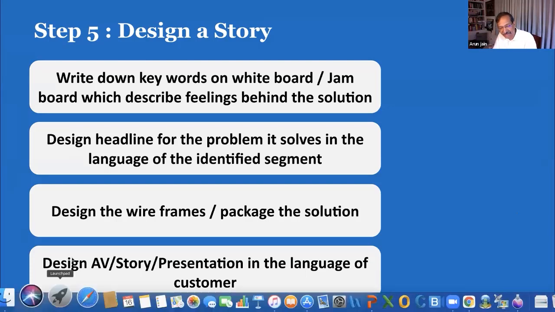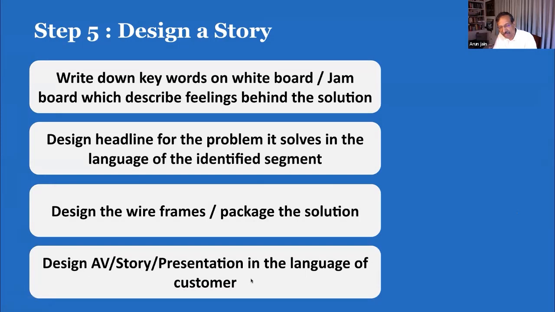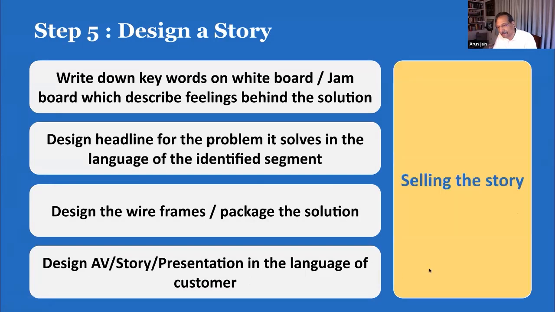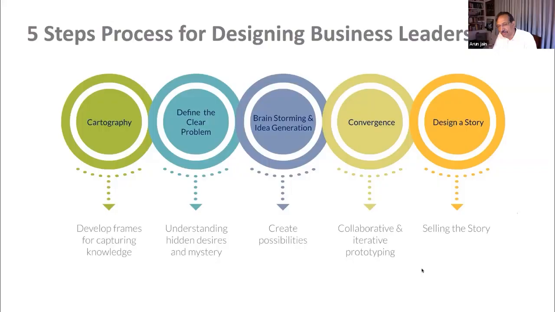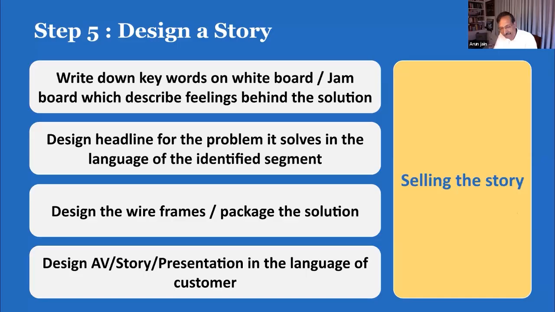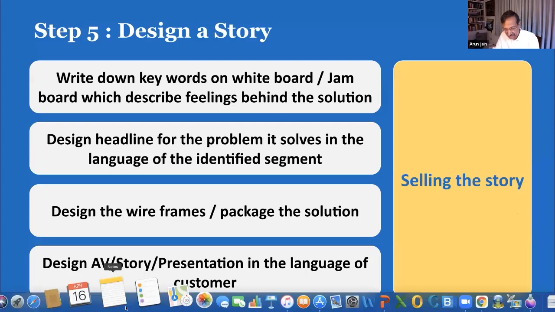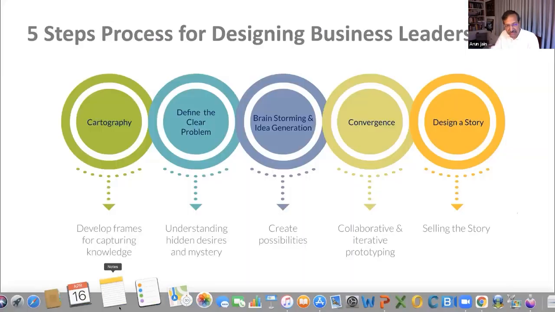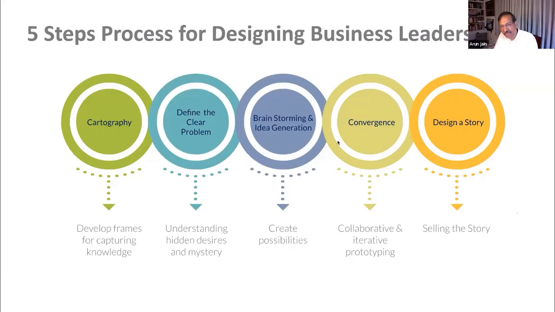After that, I can design the AV story presentation in the language of the customer. This is the time we need to do the selling process. There's nothing less than selling the story. We need to sell the story. So this is a 5-step process: cartography, define the clear problem, brainstorming, idea generation, convergence, and design a story.